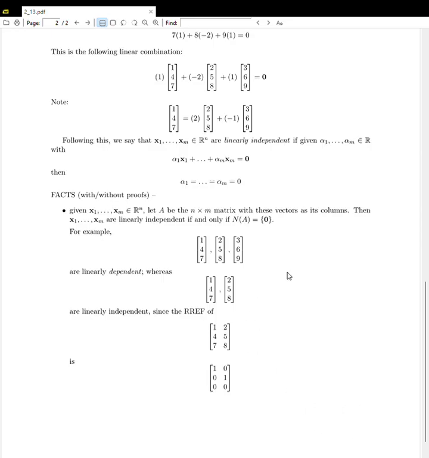Beautiful. Okay. Great. So this gives us a turn-the-crank computational method of computing whether or not a list of elements are linearly dependent or not.